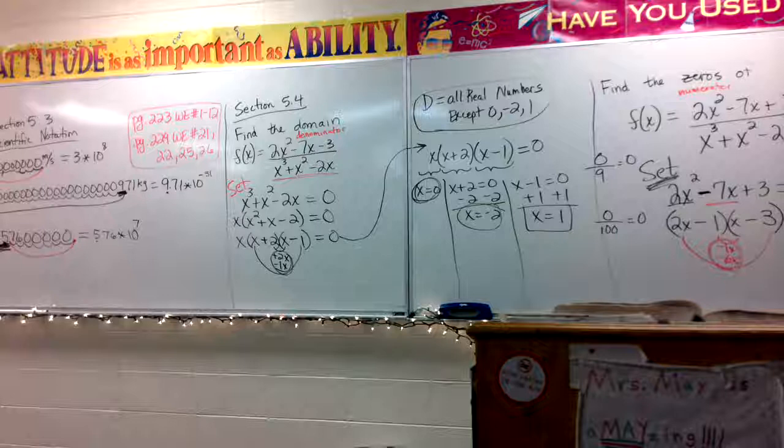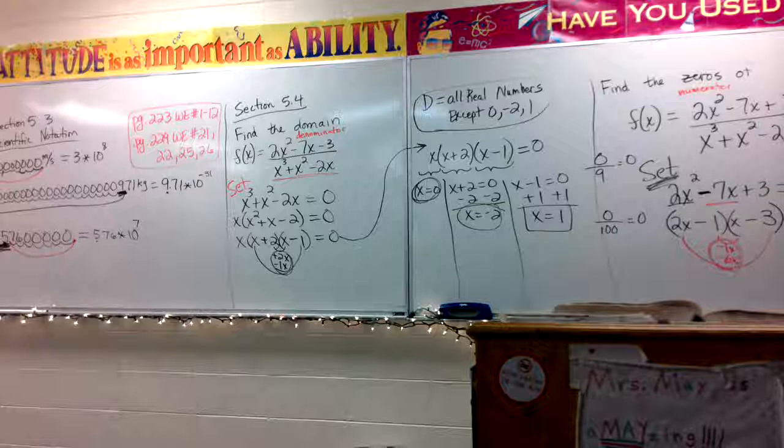I'm going to move it over here so I can work with it. I have x, x plus 2, x minus 1, equals 0. So either this thing, or this one, or this one.